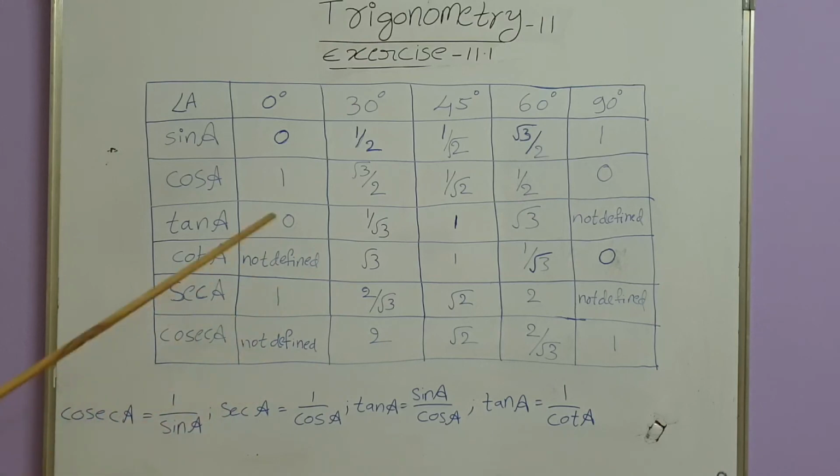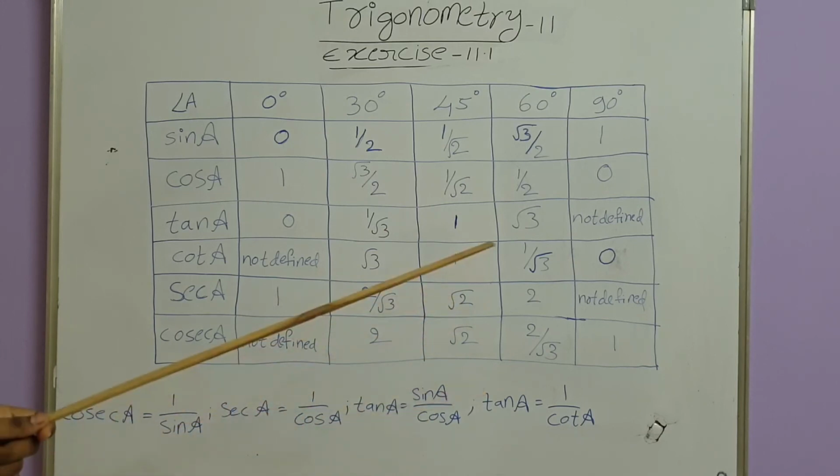Cosec 45 degrees. Sec 45 degrees and cosec 45 degrees are equal, root 2. And cosec 60 degrees, 1 by root 3 by 2. So, this denominator goes to numerator, we get 2 by root 3. And cosec 90 degrees, 1 by 1, we get 1.